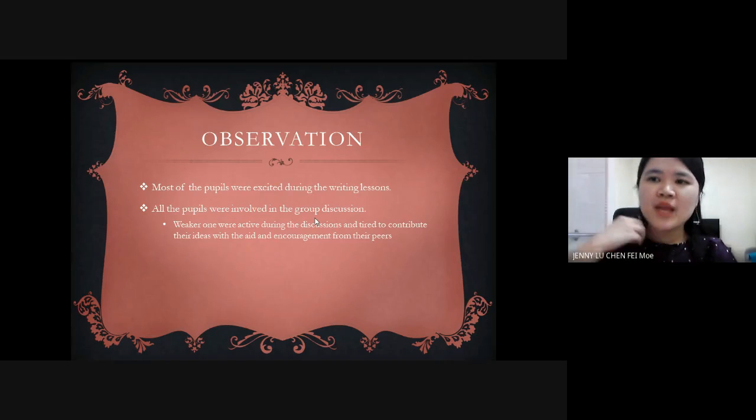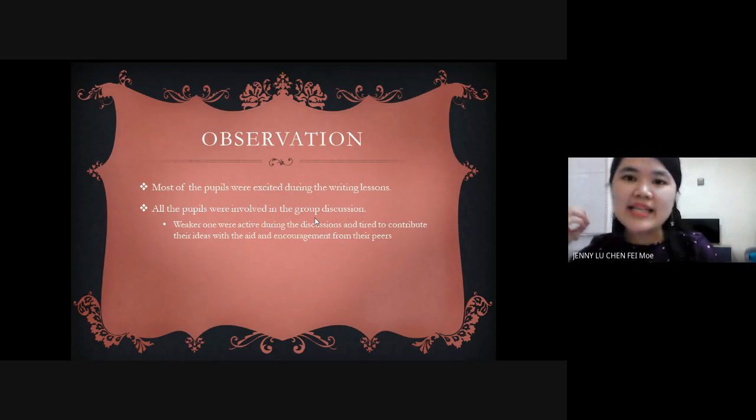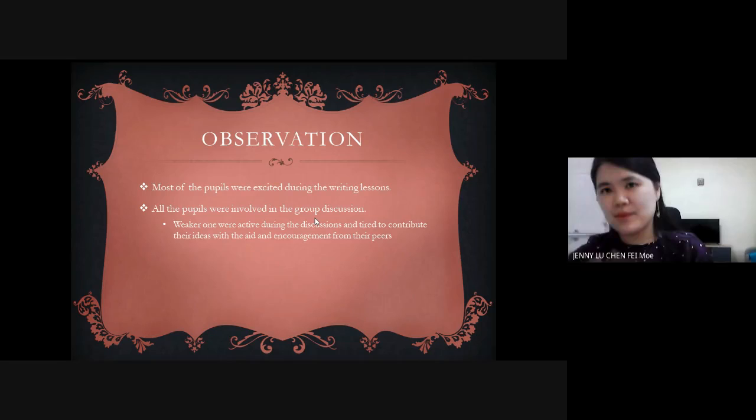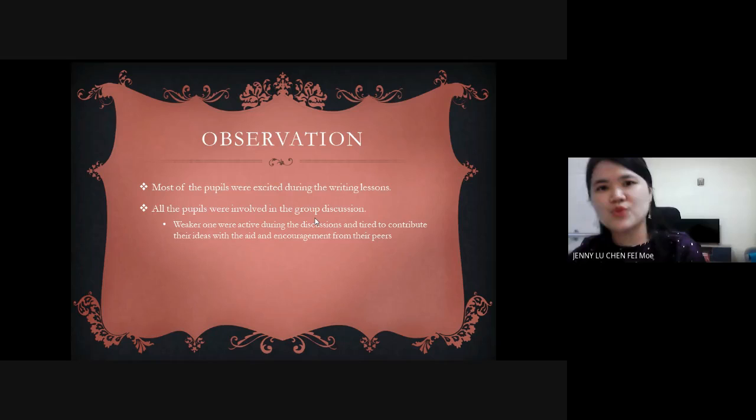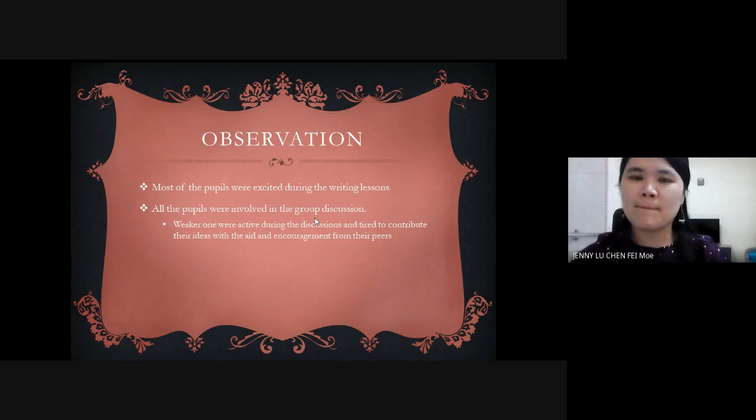The weaker ones were very active during the discussion, and they tried their best to contribute their ideas with the aid and encouragement from their peers, which is a very good result from the use of BQ cards as well as the creation of BC maps.